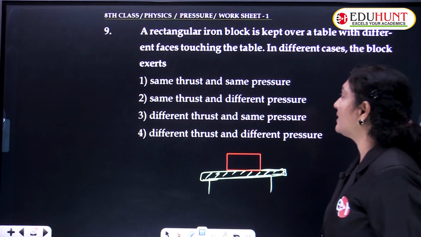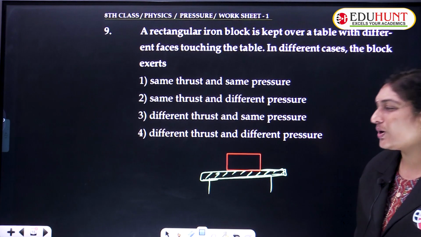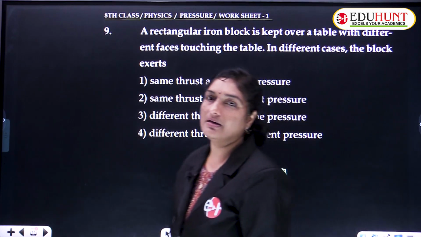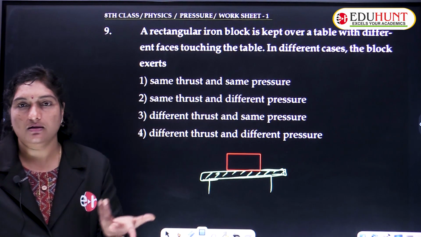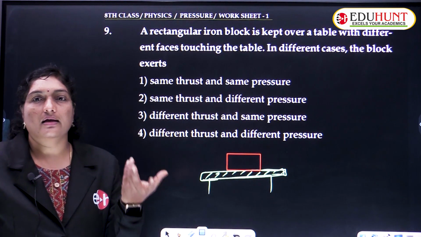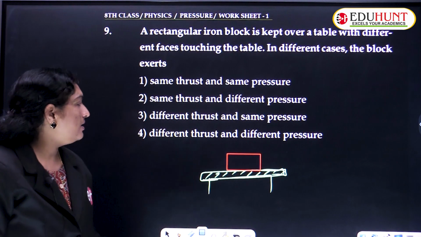In different cases, the block exerts same thrust and same pressure. Children, what is thrust? Thrust is nothing but force, the weight of the body acting on the surface. The weight of the body acting on the surface itself is called thrust.